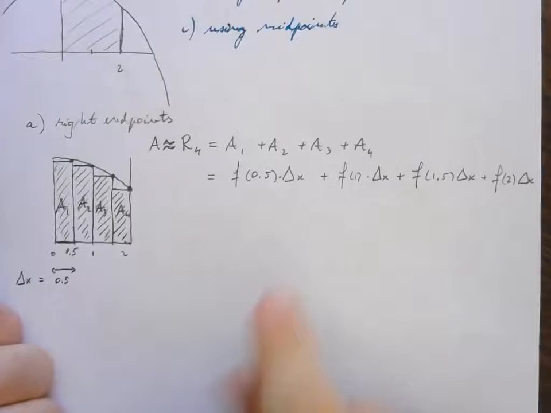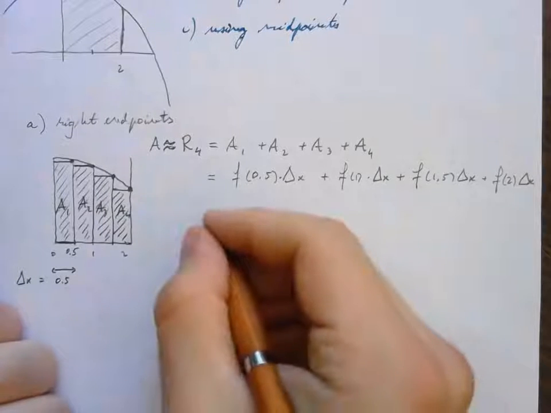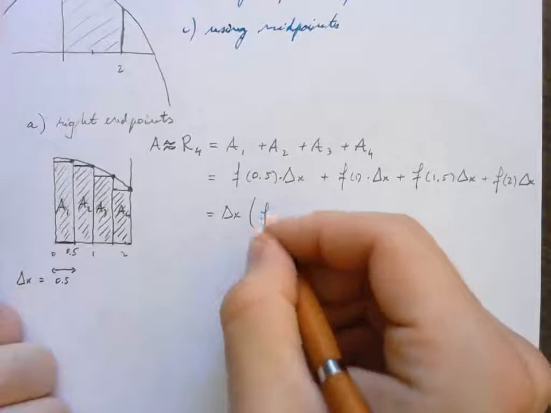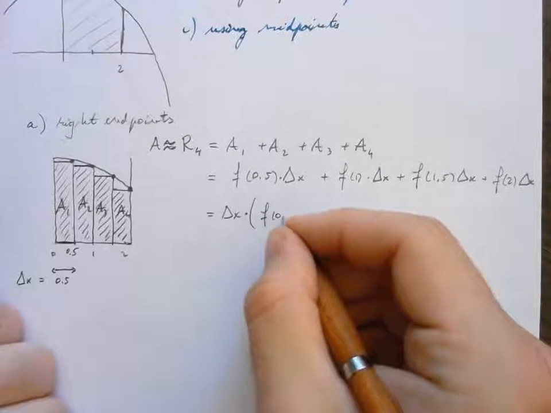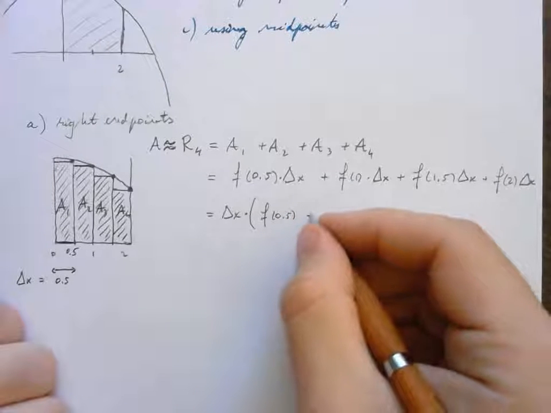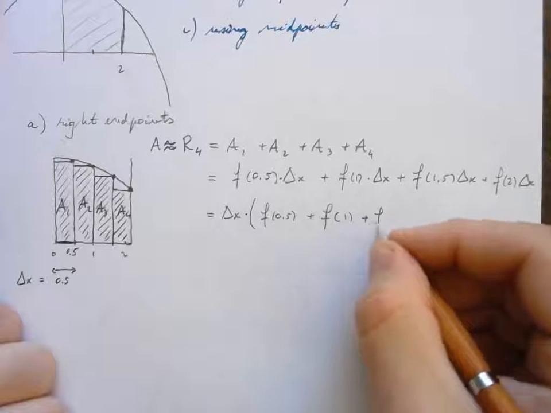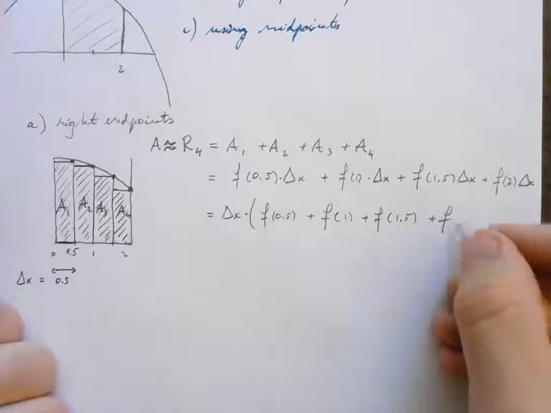Okay, and notice delta x is the same for each, right? I said they have the same width, which is 0.5. So I can bring that delta x in front, and so I have delta x times f of 0.5 plus f of 1 plus f of 1.5 plus f of 2.